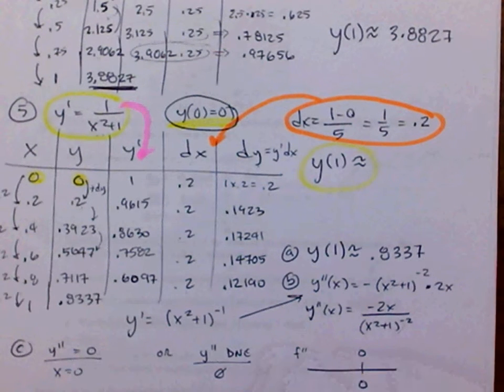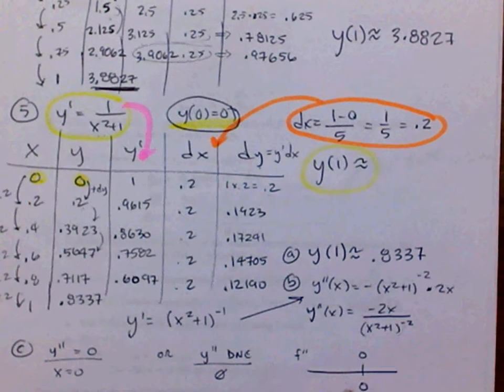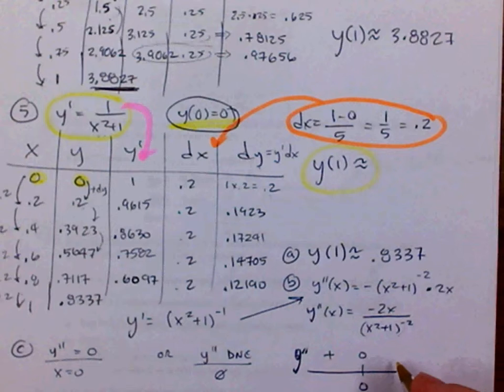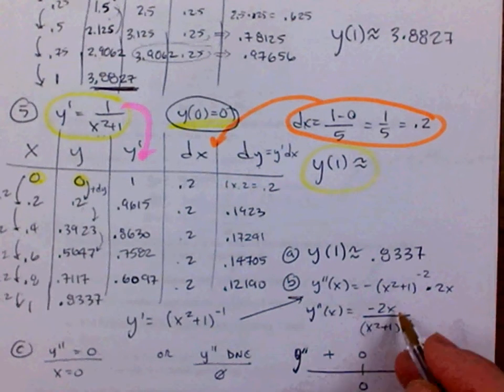Let's take a look at this equation, and when x is negative, our y double prime is going to be positive. Our y double prime when x is positive will be negative.